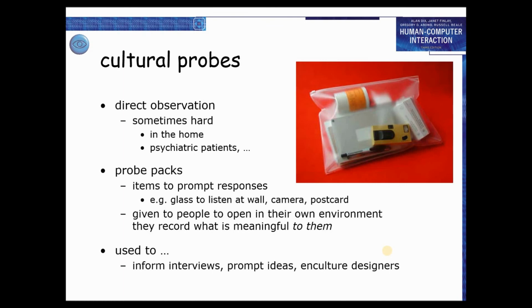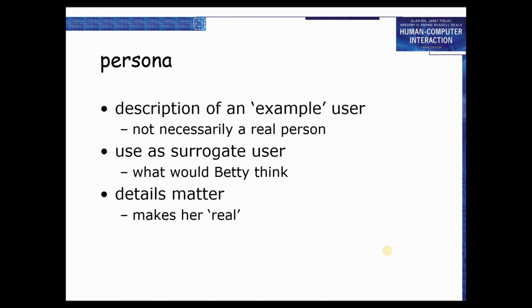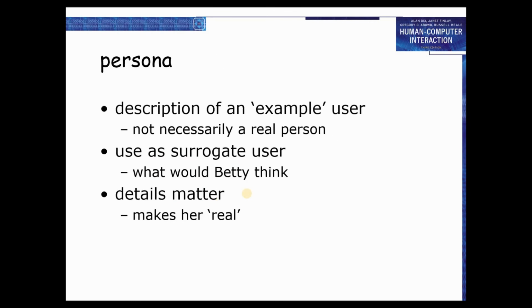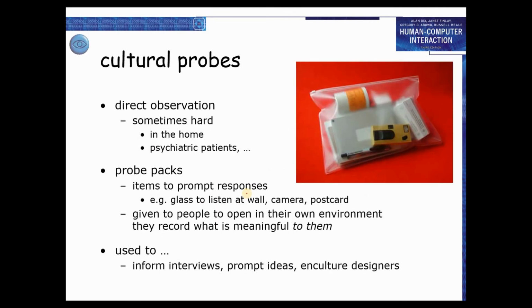Many times, if you remember, in know your user, you see there is an option given, that you try to talk to your users. So if the system is the SIS system, for the SIS system your users will be students and the faculty. So you try to talk to them or you watch them, but many times it is not possible that a person or a designer can talk to the people directly.